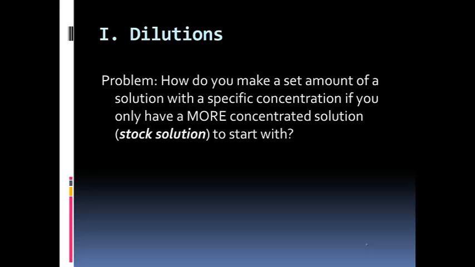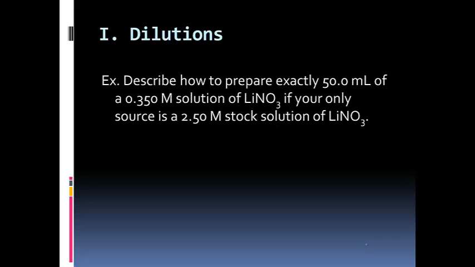So this is basically what you are going to have to do, and you have to do it individually. How do you make a set amount of a solution that has a specific concentration, but your only source of the solute is a more concentrated solution? We call this the stock solution. So, how can you prepare exactly 50 mLs?